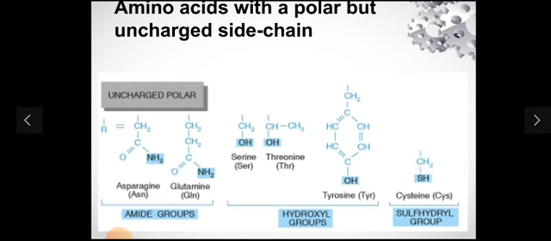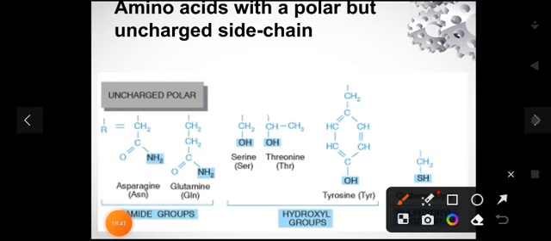Look at their structures. You can see the side chains of asparagine and glutamine contain an amide group. These two can also participate in hydrogen bonds, but we say that they are uncharged.